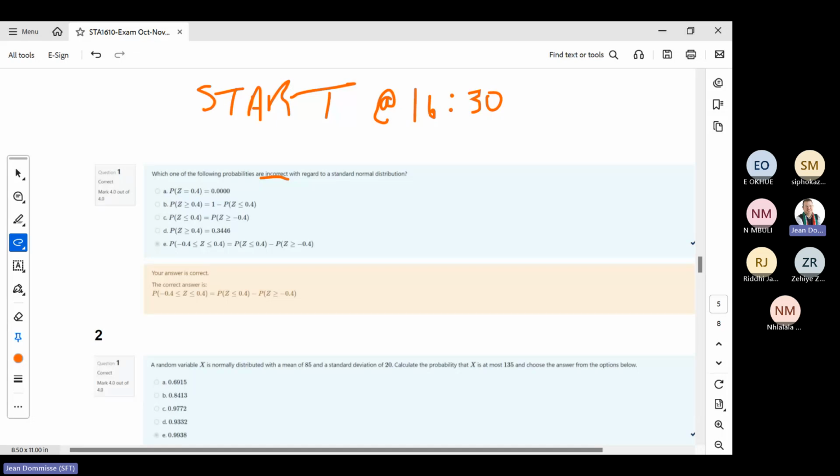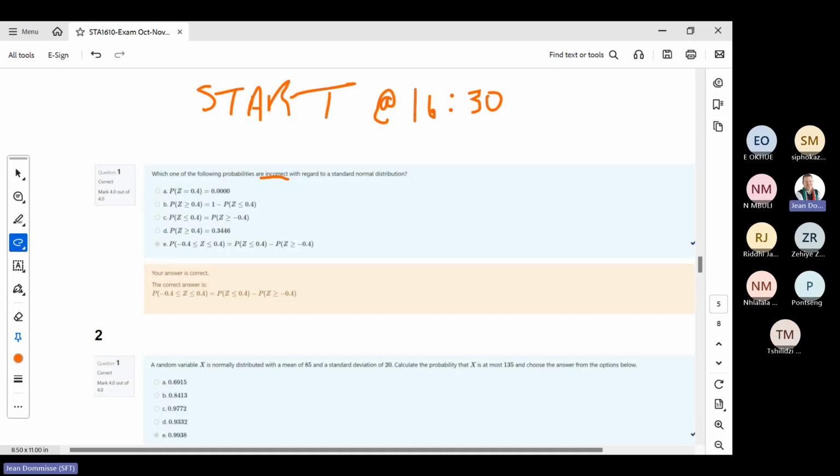Remember, we want the incorrect one, so that we don't make the mistake of unfortunately picking the first one that is correct. In a normal distribution, at no exact point is there a probability. So the probability that Z is exactly 0.4 is 0.